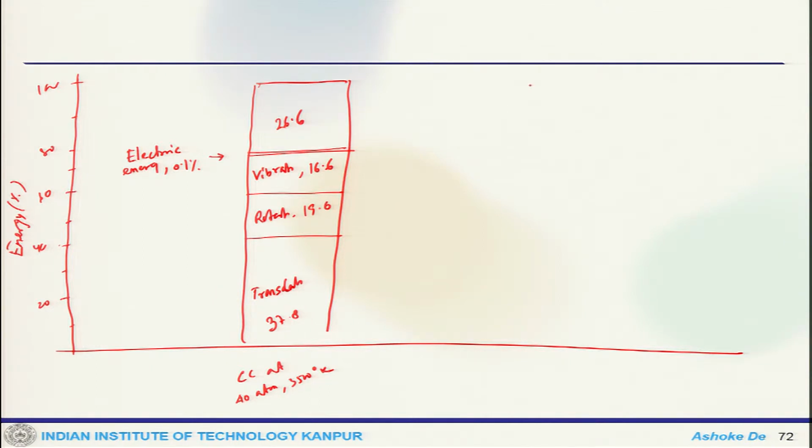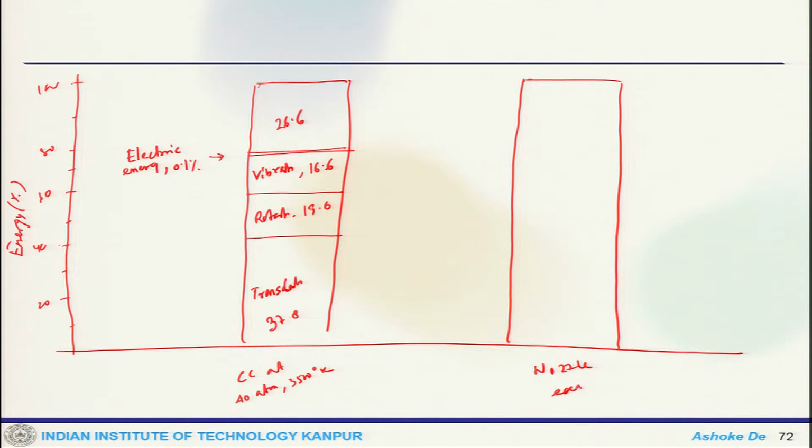Now, we can look at the nozzle exit and get a block like that. This is the nozzle exit, which is 1 atm and 2500 Kelvin.